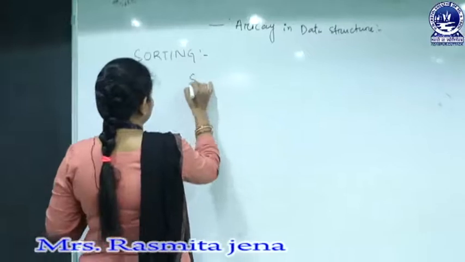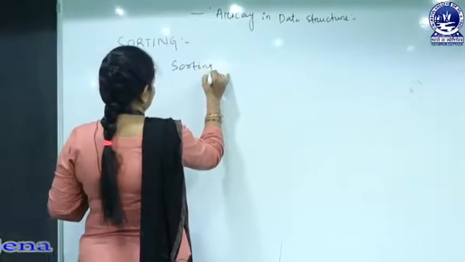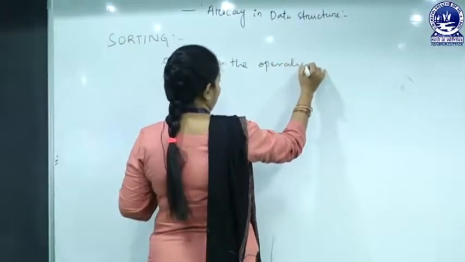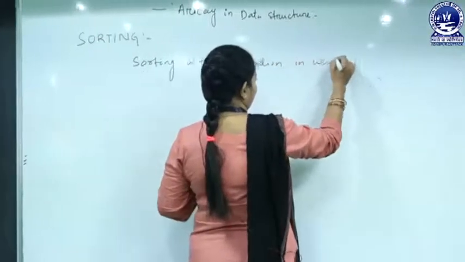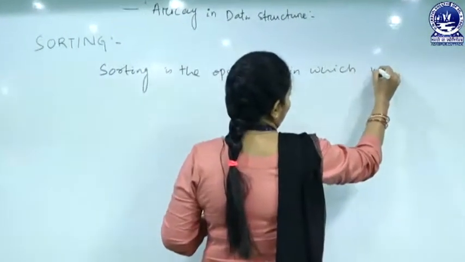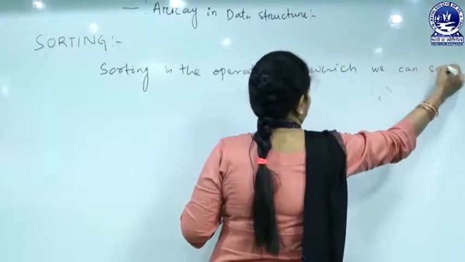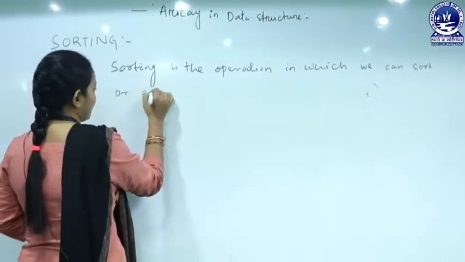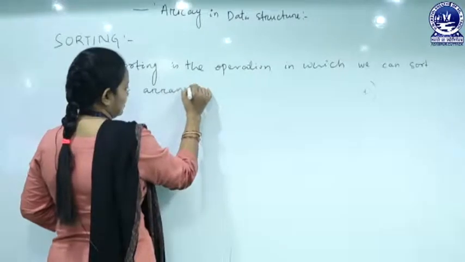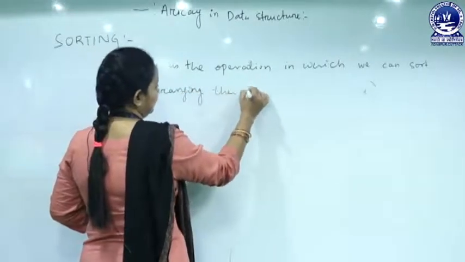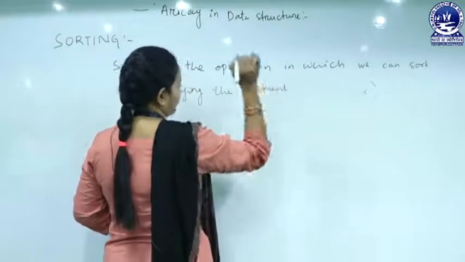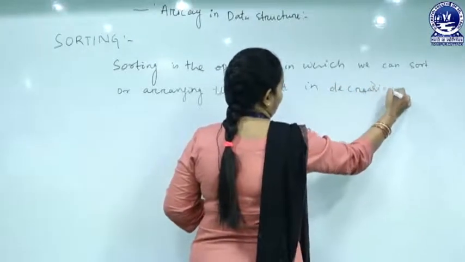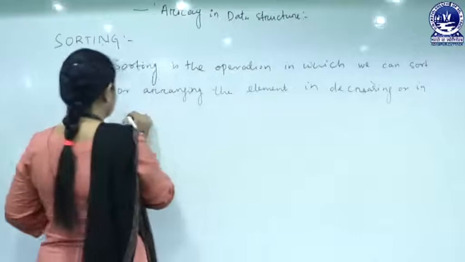So what is sorting? Sorting is the operation in which we can sort, or you can say arrange, the elements in decreasing or in increasing order.